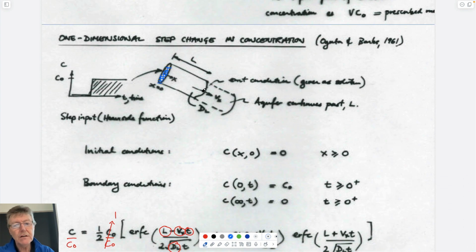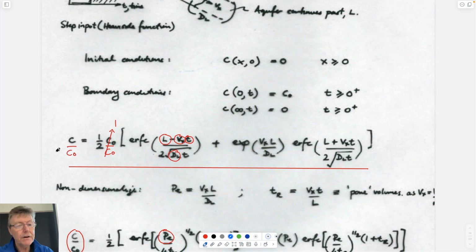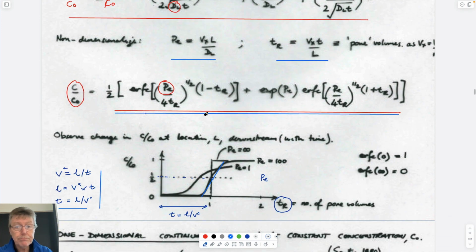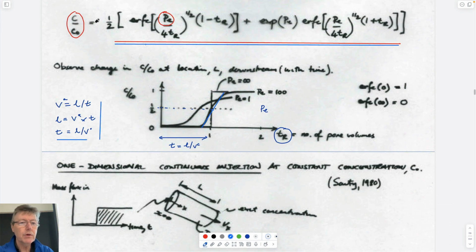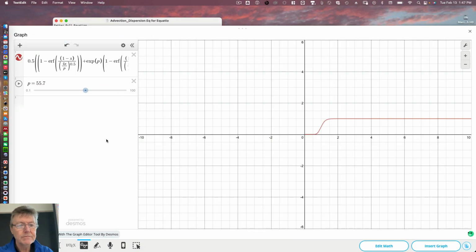We can position ourselves at length L along the core, and we can write an expression that defines how concentration changes with time at that compliance point, and we find it's defined in terms of the three terms we looked at: relative concentration and pore volumes, or Courant number. And if we program this, which is exactly what I have, then we end up with a behavior that looks like this.